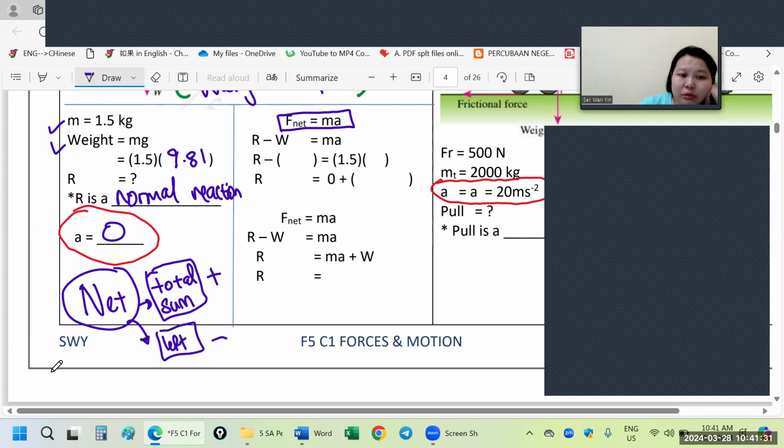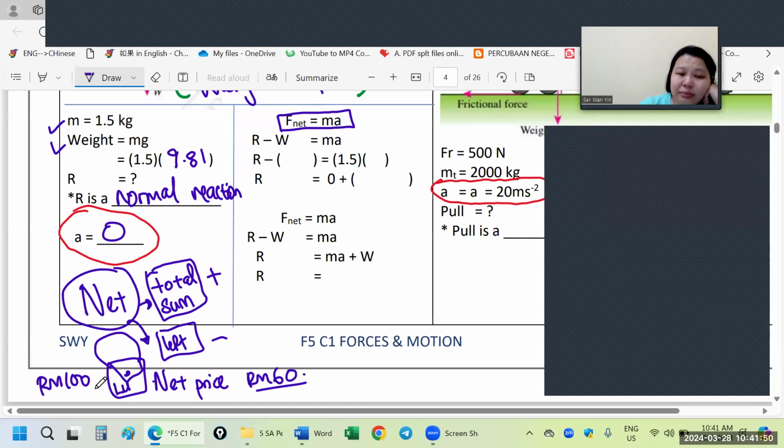For example, a bag 100 ringgit. Maybe it's a LV bag. But after, the net price is 60 ringgit.